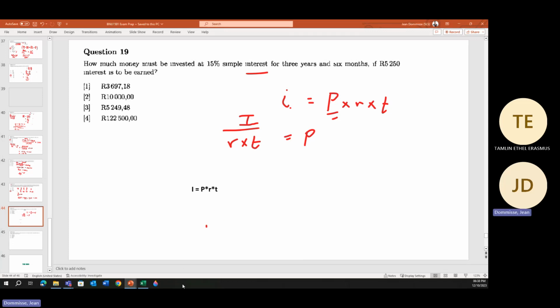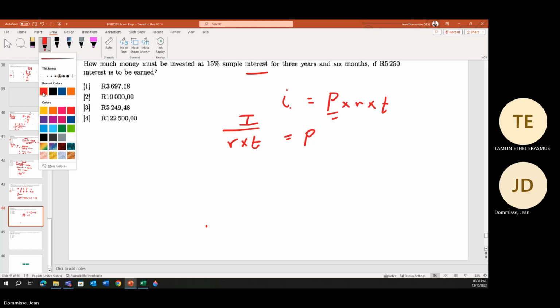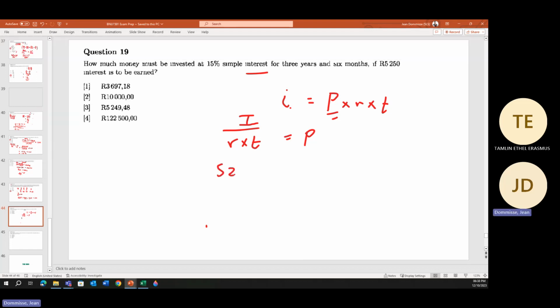Let's quickly then get that away. So we know that the interest is 5250. We know that the interest rate is 0.15 times, what's it, 3.5. Shoo, this feels way too big.